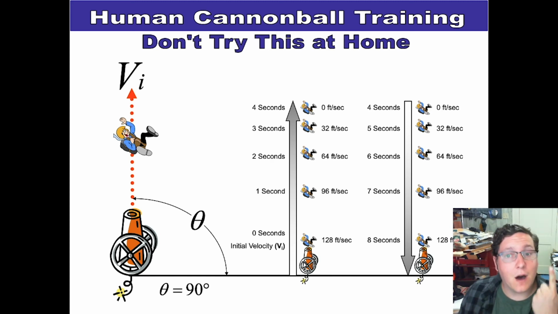So rather than going up at 32 feet per second, at 5 seconds, we're now traveling back towards Earth at 32 feet per second. And we continue accelerating until we get back to where we started. And this is the point where you took off at 128 feet per second going upwards, you're now going down 128 feet per second, which means the sudden stop at the end will definitely hurt.